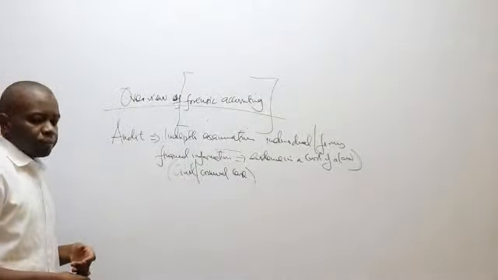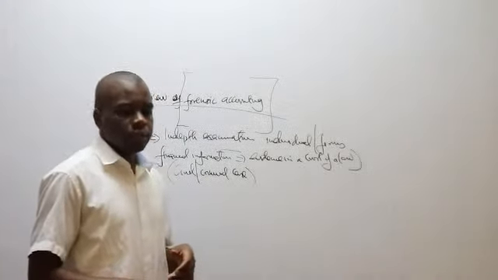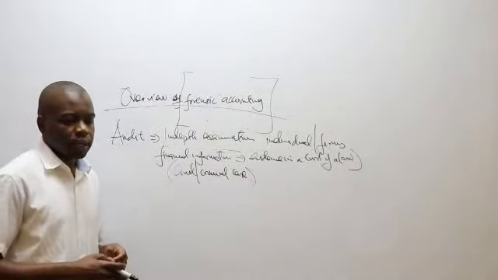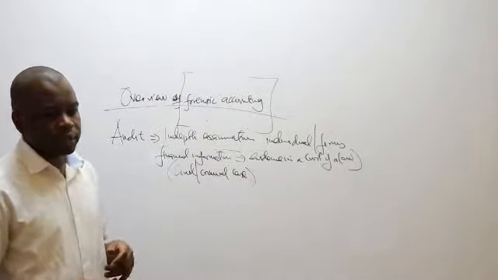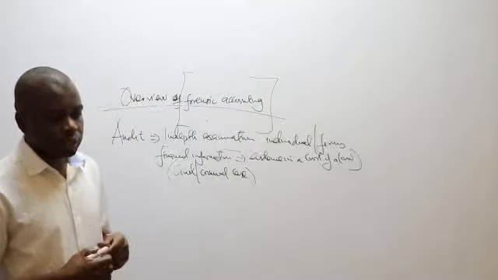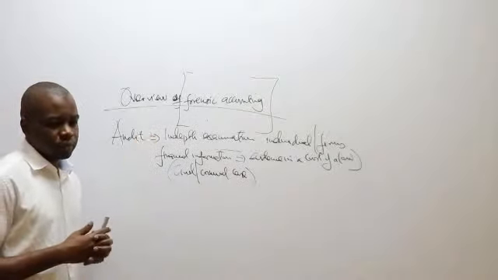So, the nature and the purpose of forensic accounting. Forensic auditing is a bit broad, and a lot of activities are involved in carrying it out. This is what we are calling forensic accounting.